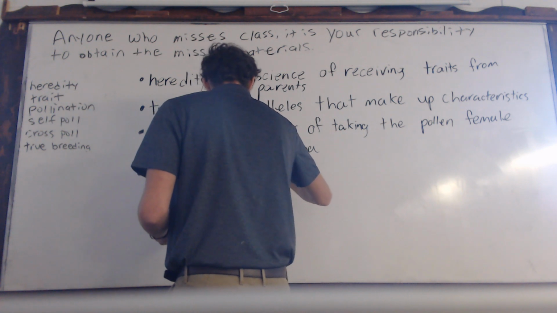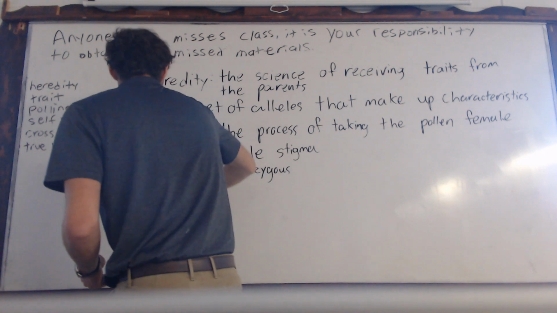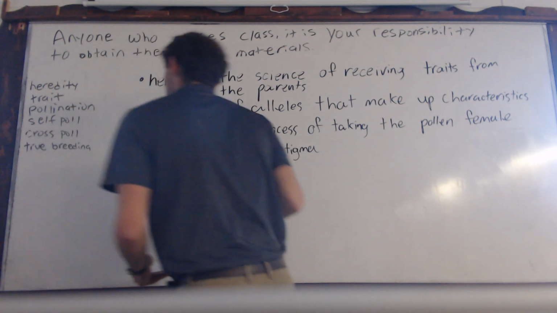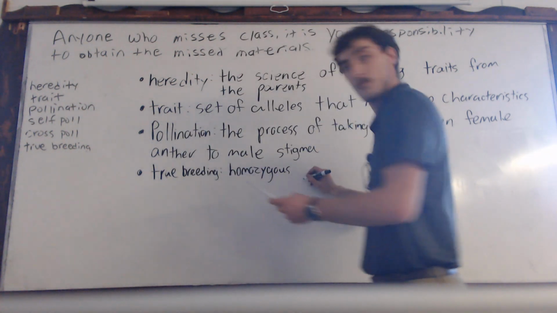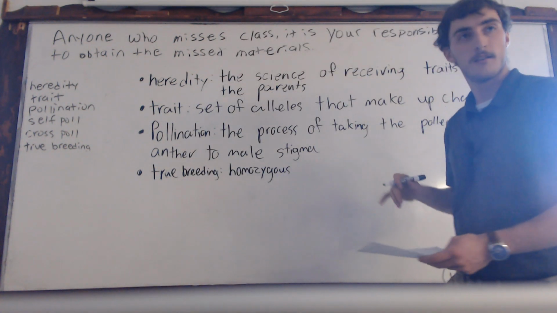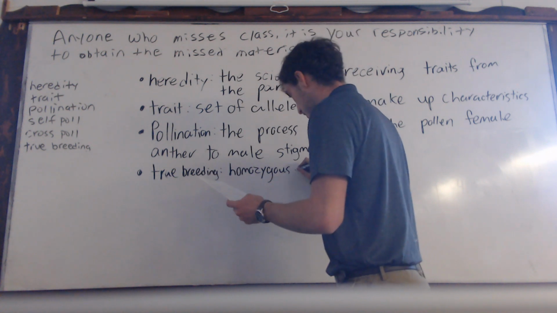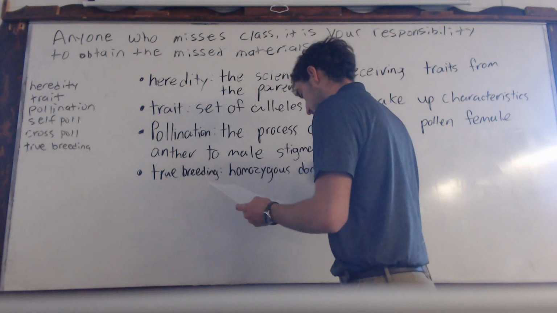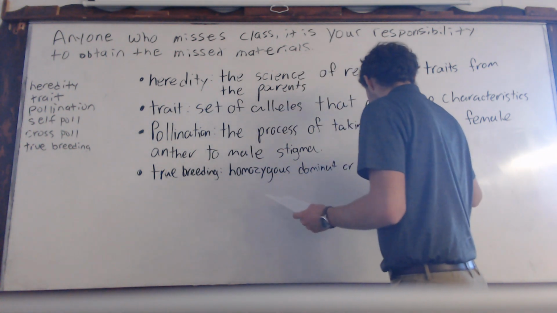What does that say? True. Also look, right here. What does that say right there? Stigma. It looks like an E. Yeah, my bad. Homozygous dominant. That's from last chapter.